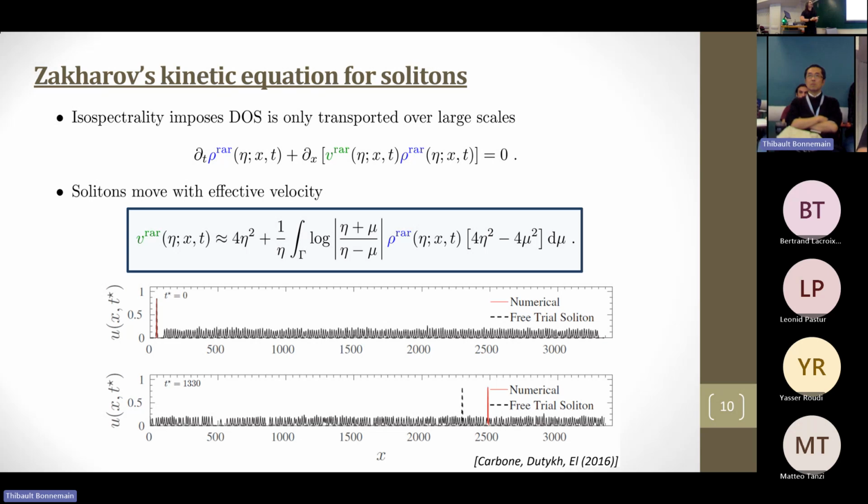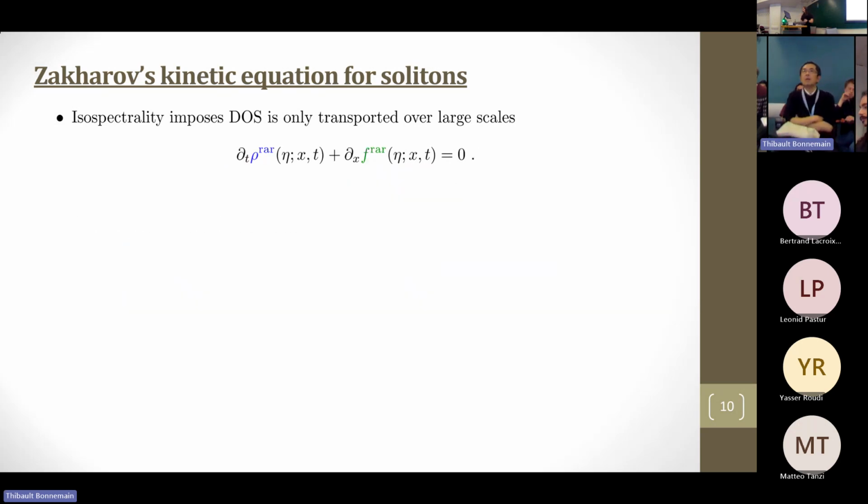So those are the hydrodynamic equations. So the rest of the lecture will be dedicated to dense gases, to the thermodynamics, what the density of states means in this context, and also how to generalize this effective velocity to the case of dense gas. Okay. Gamma is the spectral support.